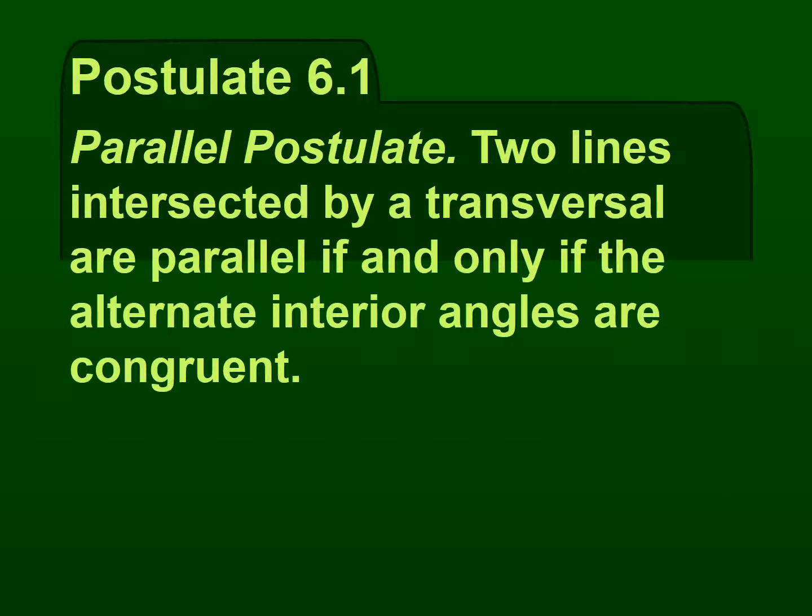All right, so our first postulate is called the parallel postulate, and that says that two lines that are intersected by a transversal are parallel if and only if their alternate interior angles are congruent. So if you have alternate interior angles and they're congruent, which means they have the same measure, then you have parallel lines, and vice versa.